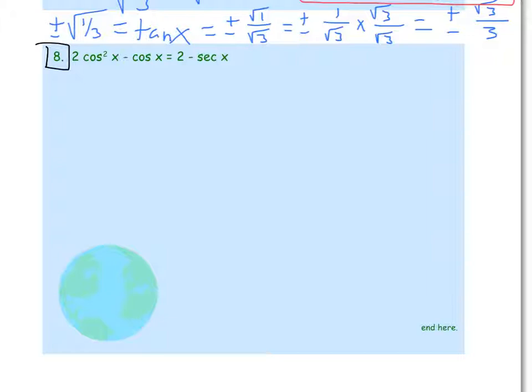So at some point, preferably earlier rather than later in the process of solving, we need to get all this on the same page and get it all in terms of one trig function. All right, but that's the last example we have. Give it a shot. See if you can put some time into that one and figure it out. And if you can't, let's bring it up in class and let's talk more about it then.